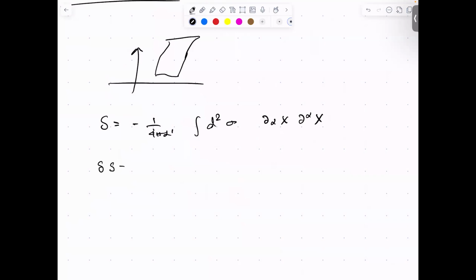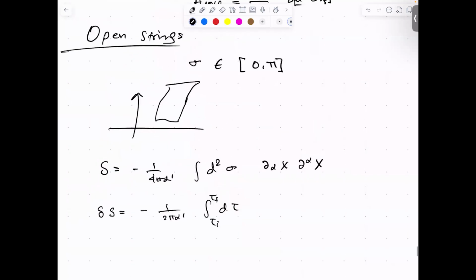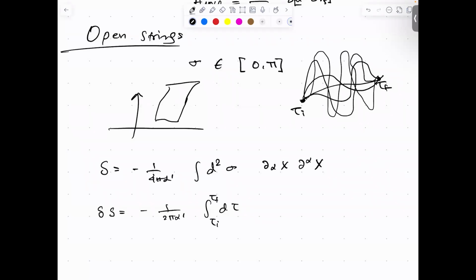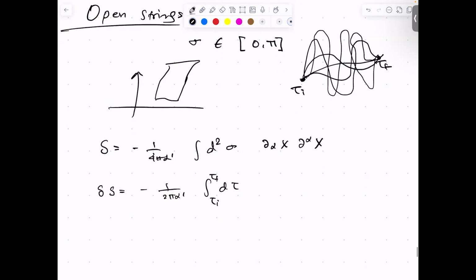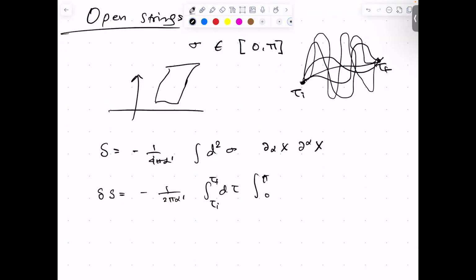So if you take the variation of the action, you get an integral over d tau. Remember that when we do the action principle, from tau i to tau f, you take all possible paths but keep the endpoints fixed, right? That's like path integral quantization, where any possible path from initial time to final time is allowed.